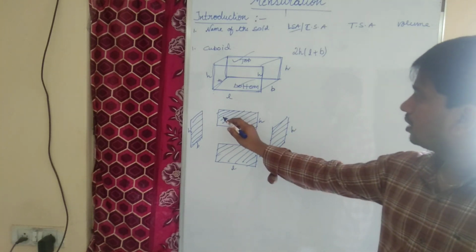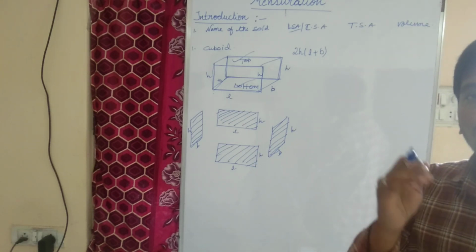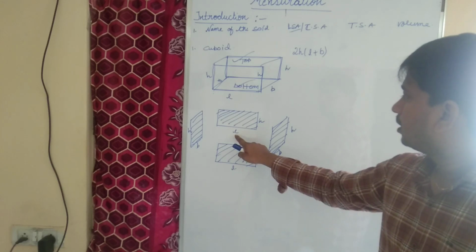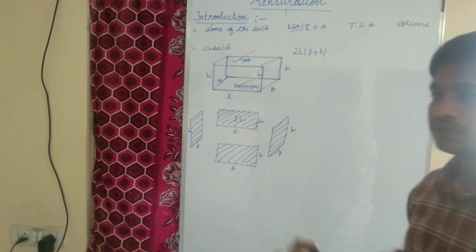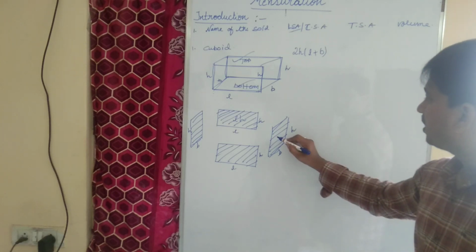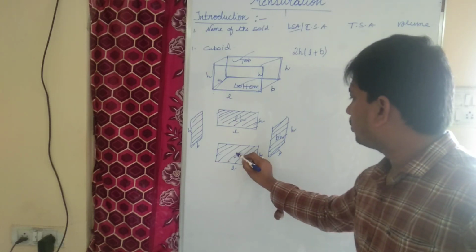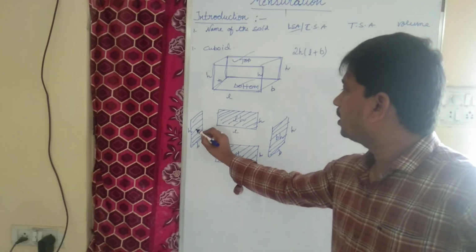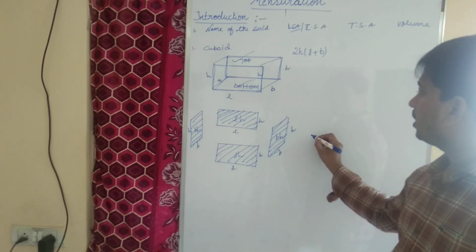So what is the area? As we know that a cuboid is made up of rectangles, what is the area of a rectangle? Length into breadth. Here the area is L into H, LH. Here the area is B into H, BH. Here the area is L into H, LH. Here the area is B into H, BH. Right? Totally, how many areas do we have?